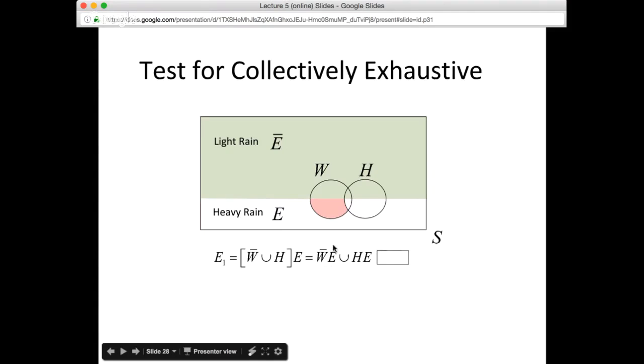So let's think about this one a little bit. W complement E, let me give my little red pointer here.